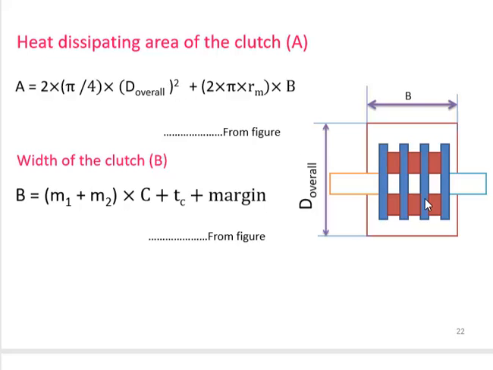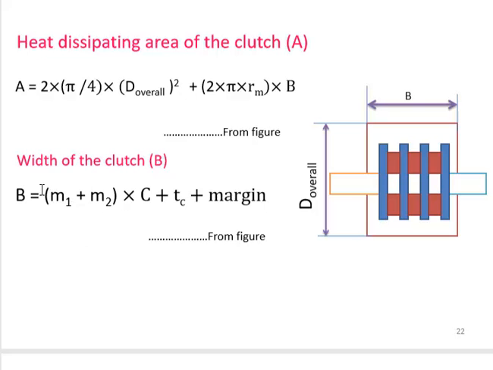Since there is a front side and a back side of this clutch box, which is circular in nature, I'll multiply that by 2. To find out the circumference, I will multiply 2 pi rm into B. Now capital B is the total width of the clutch box. You know that it can be pi d into B as well.